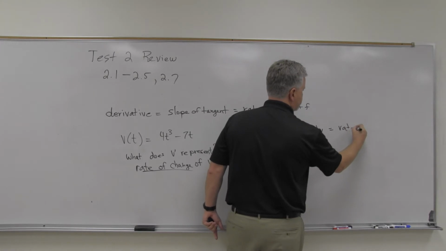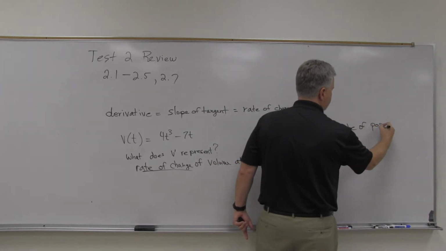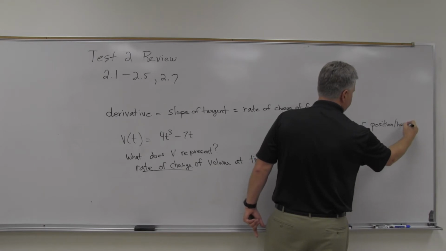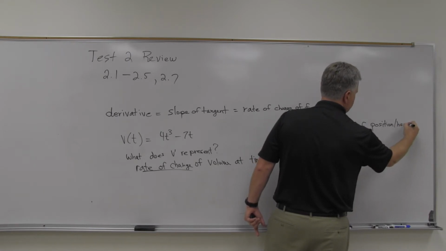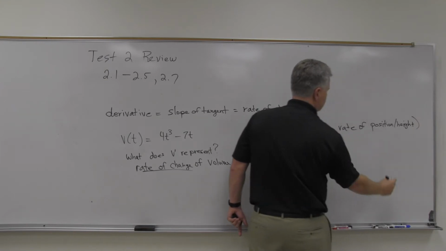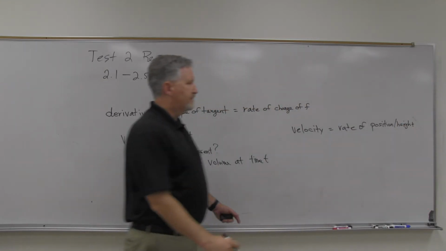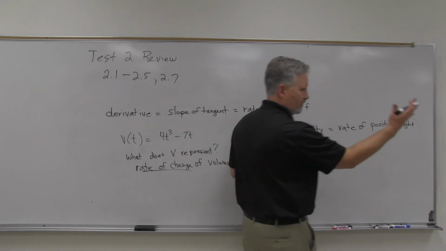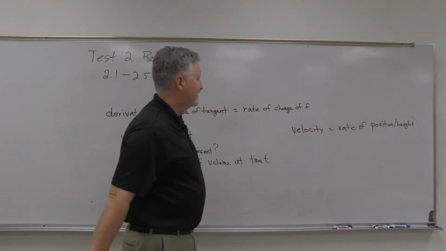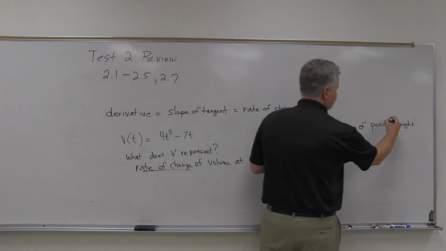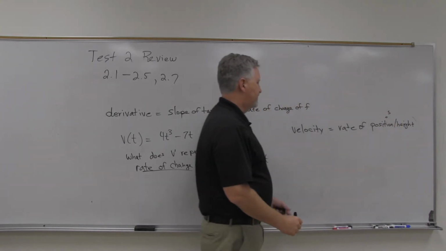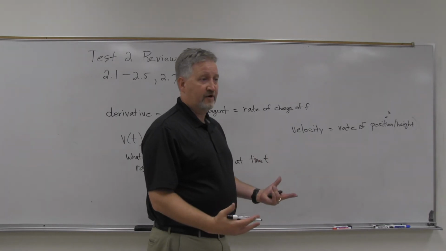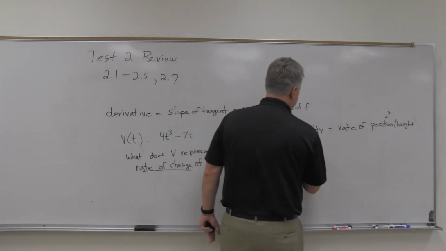Which means if your position or your height is s, or whatever you call it, then the velocity is the rate of change of s, and so velocity is s prime. It's the first derivative, okay?